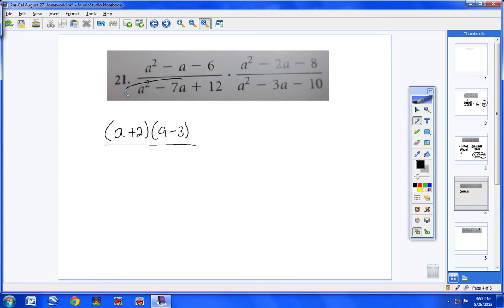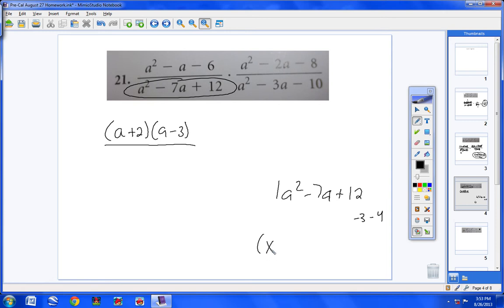Now let's go ahead and factor the denominator right here. So we have a squared minus 7a plus 12. Now, there's nothing common I can factor out. I have a trinomial with a lead coefficient of 1, so I'm going to list out all the factors of 12. I'm not going to take time and do that. It should be negative 3 and negative 4, because if you multiply those, you get a positive 12. If you combine those, you get a negative 7.